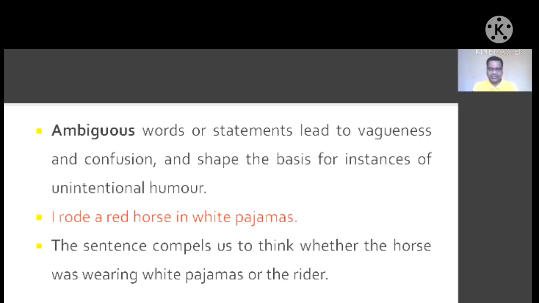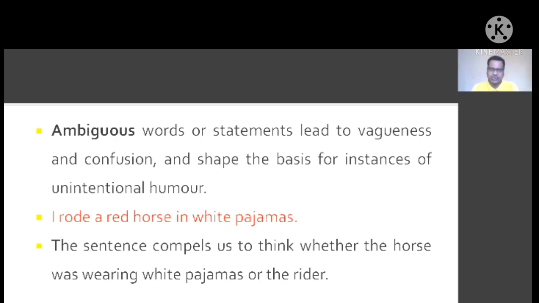It means the sentence actually compels us to think whether the horse was wearing the white pajamas or the rider. So this way, you get multiple meanings from a sentence.